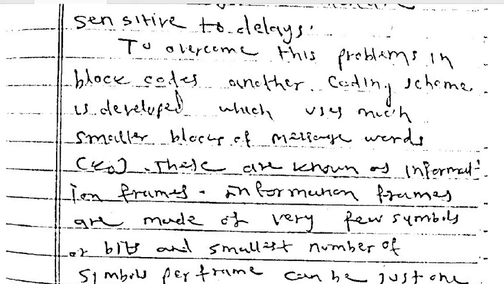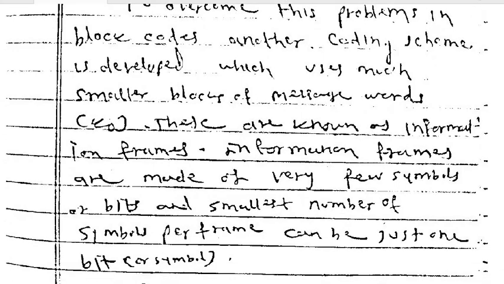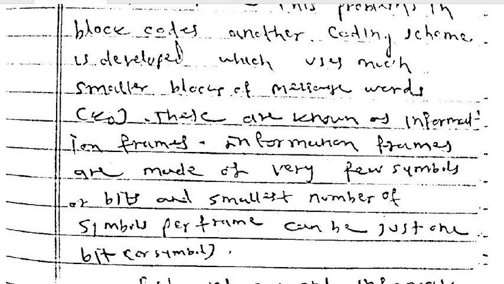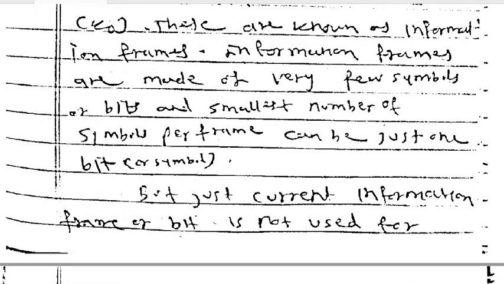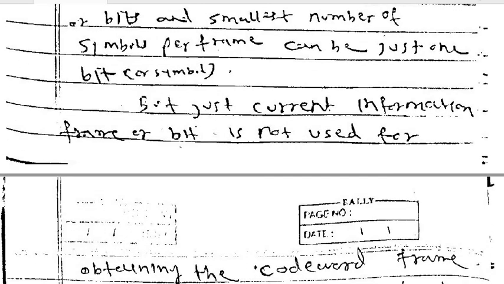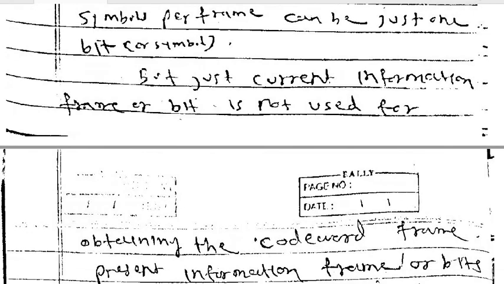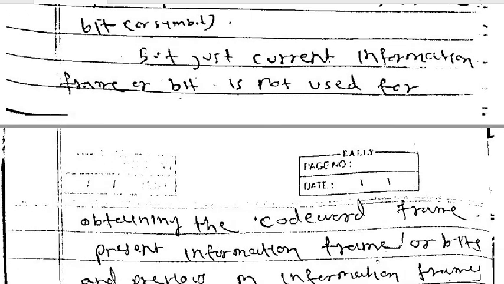These are known as information frames. Information frames are made up of very few symbols or bits, and generally it is just one single bit. But not just the current information frame or bit is used to obtain the code word frame.